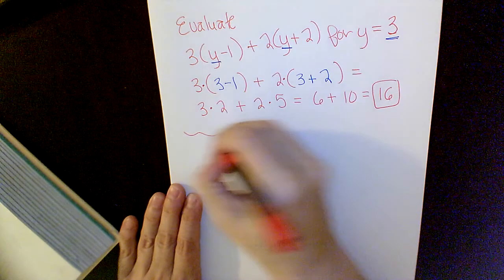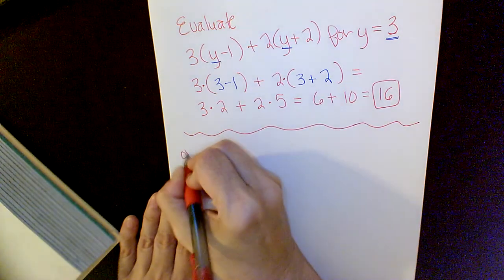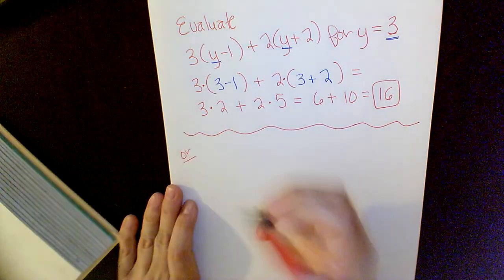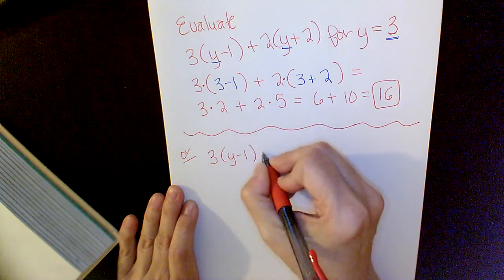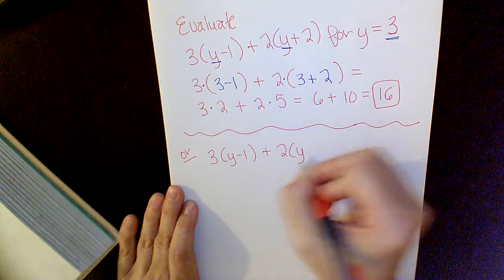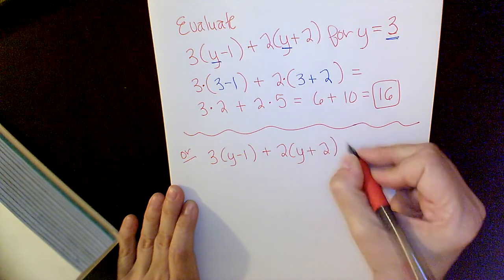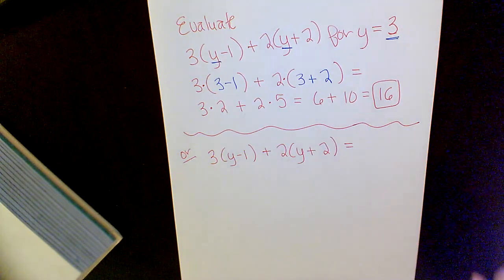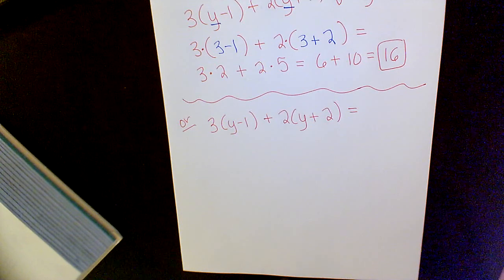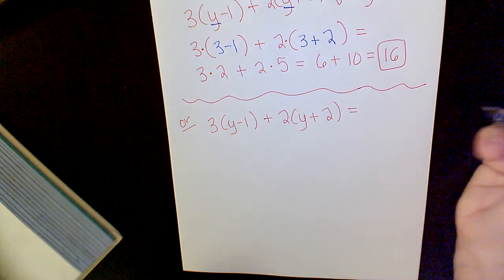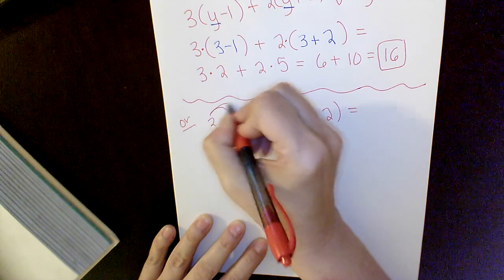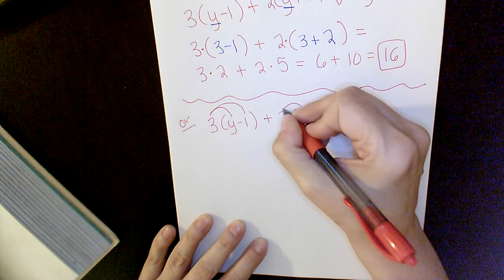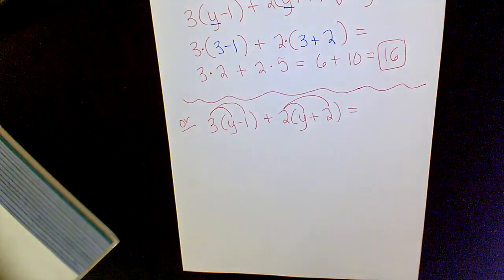If you want to see the other way, like I said, you can do whichever way you want. So we're going to multiply this out, and do we remember the distributive property from Math 85? Remember, the number on the outside of the parentheses gets multiplied by everything on the inside of the parentheses.